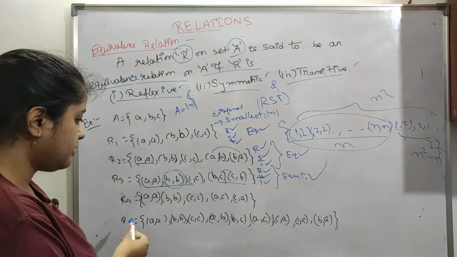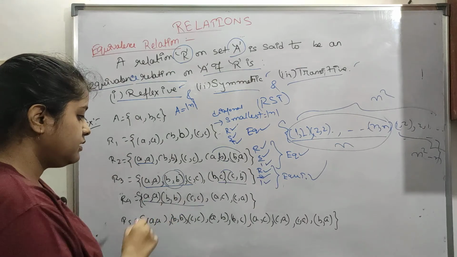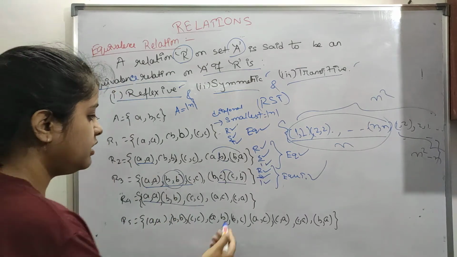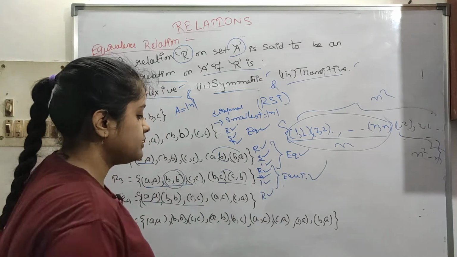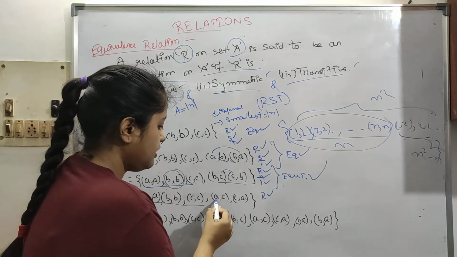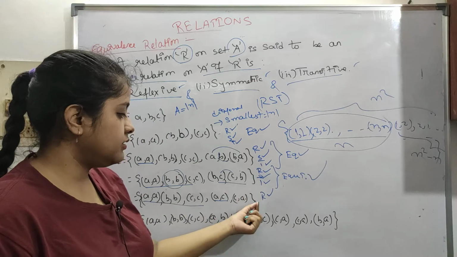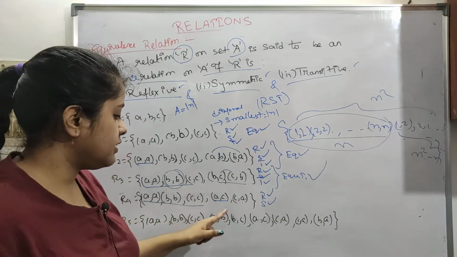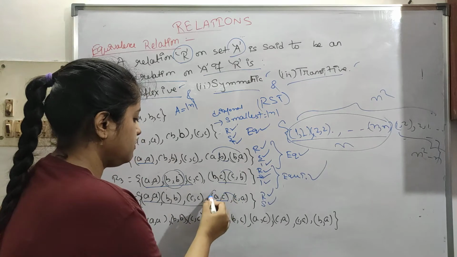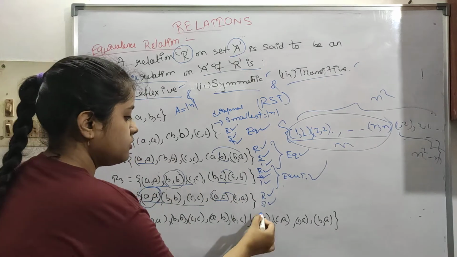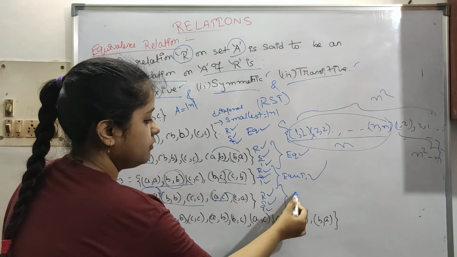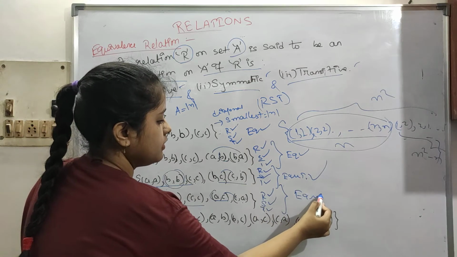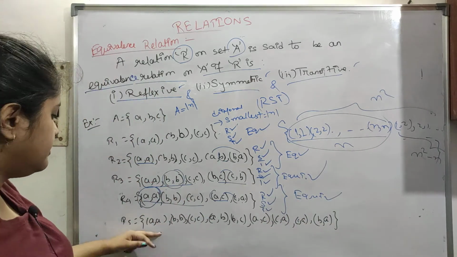Now next, R4: (a,a), (b,b), (c,c), this is the minimum, so this is our reflexive relation. Next, a is related to c, then c related to a has to be present, so this is symmetric. Next, transitive: this is common, so (a,a) has to be present, which is already present, so this is transitive. Total equivalence relation.